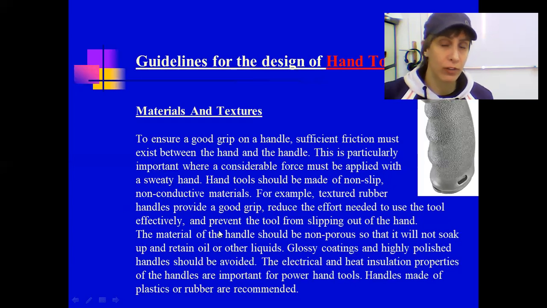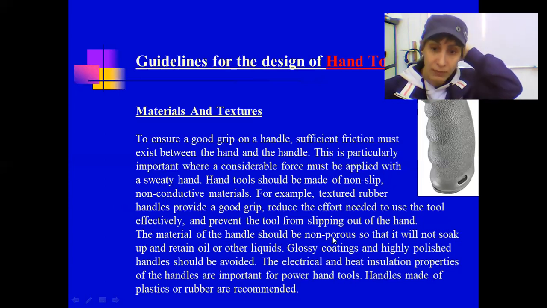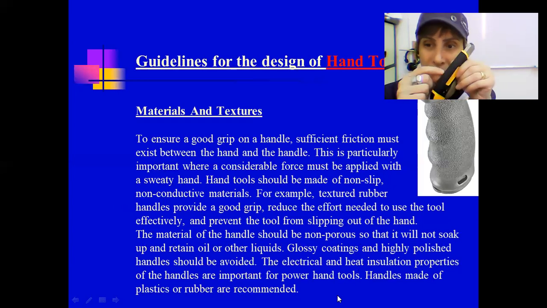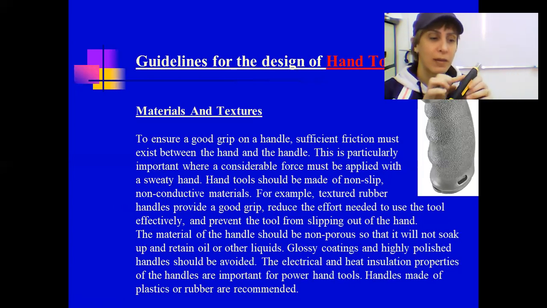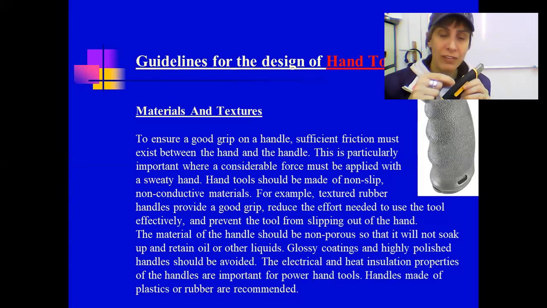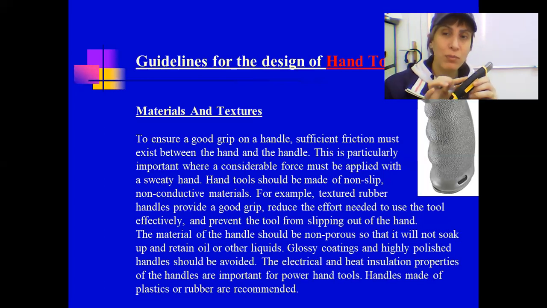Now, another important thing to consider: the material of the handle should be non-porous. What does non-porous mean? It means no pores in it. For example, what if I have a dirty hand and I'm using this material? I put my dirty hand on it all the time. If it's porous, the dirt, the oil, everything will go inside and build up.